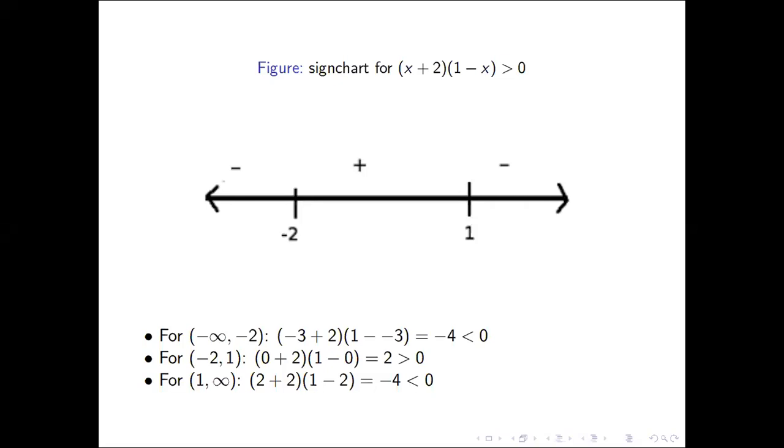Sometimes we can put a hollow circle to indicate that it's not defined there, or just put an ND on top. And sometimes we can use a solid circle to indicate that it is 0 there, as I will show in the next example.